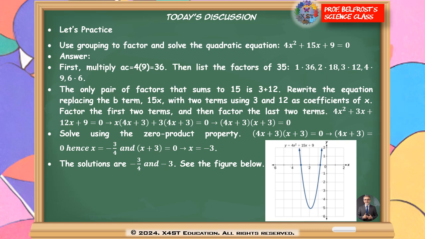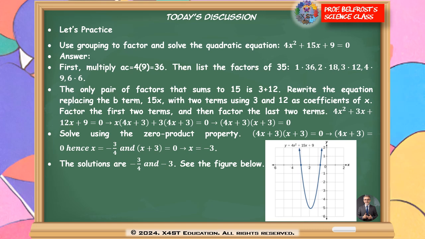Okay, so here's the example, right? Using grouping to factor and solve the quadratic equation, which is 4x squared plus 15x plus 9 equals 0. So first we need to multiply a and c, a is 4, c is 9, to make 36, and then b is 15.